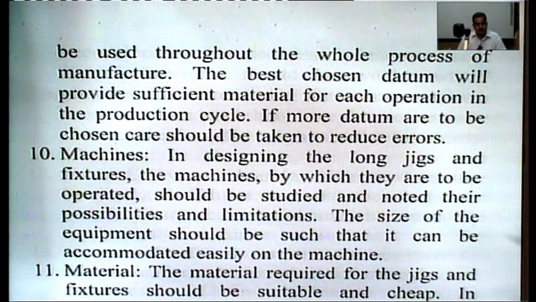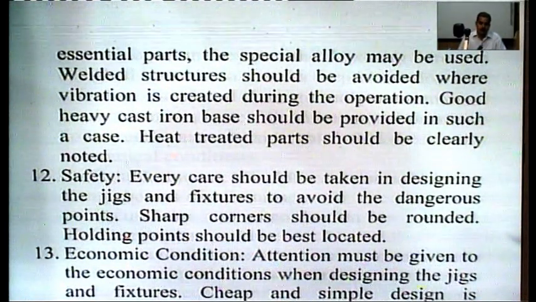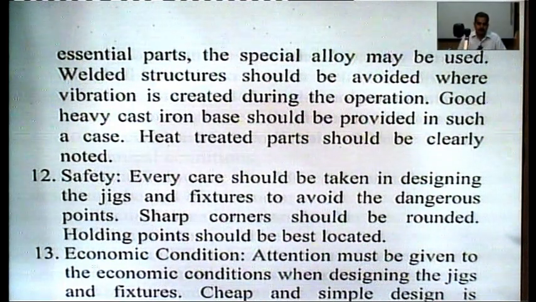And the eleventh point is material. The material required for the jigs and fixtures should be suitable and cheap. In essential parts, special alloy may be used. Welded structure should be avoided where vibration is created during the operation. A good heavy cast iron base should be provided in such a case.